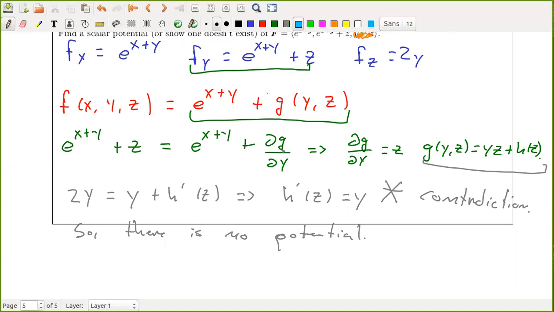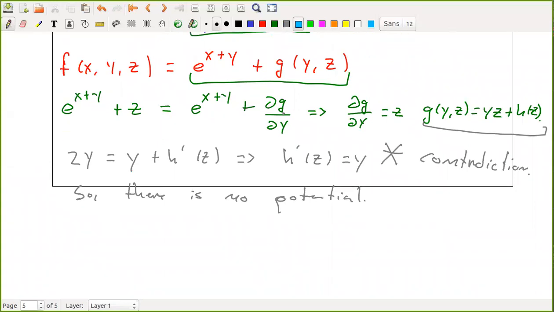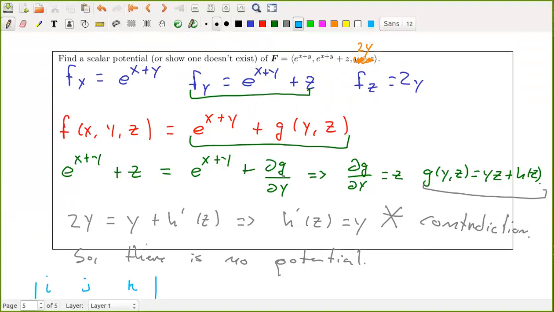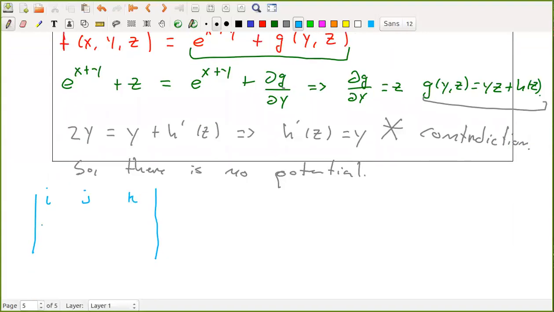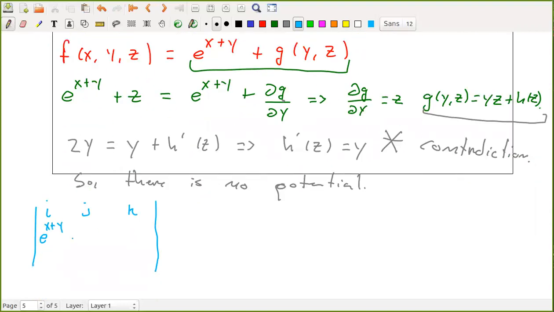So notice, let's compute the curl of this vector field. Okay, so e to the x plus y is the first component. I think e to the x plus y plus z is the next component. And 2y is the third component, and I just realized I made a mistake.